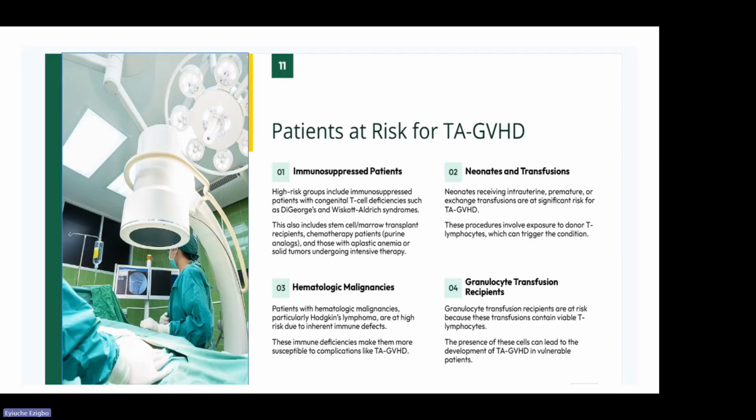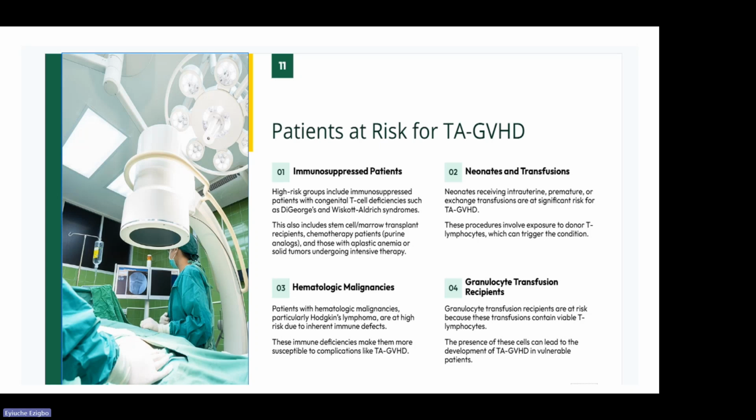All right, but there are some patients that are quite at risk of developing this graft versus host disease. Again, looking at the pathophysiology, one of the conditions we stated is that the patient will be unable to mount an immune response. So these patients at risk of developing TA-GVHD are, number one, immunosuppressed patients, unable to mount an immune response. You should be able to explain that.